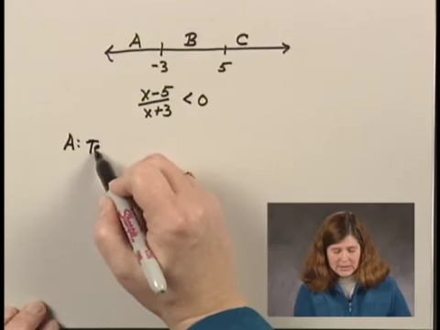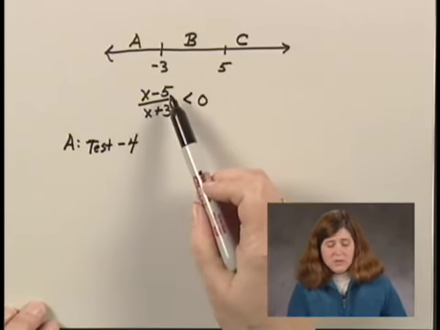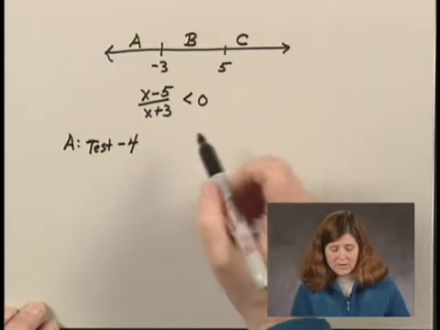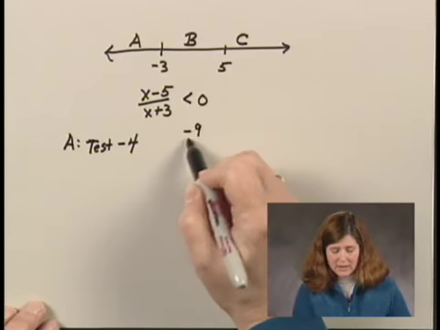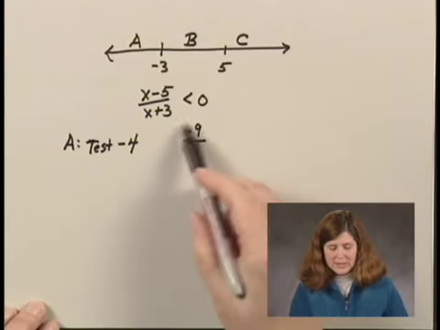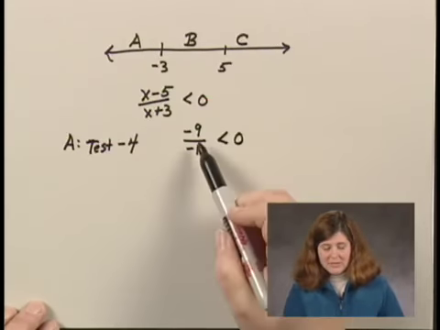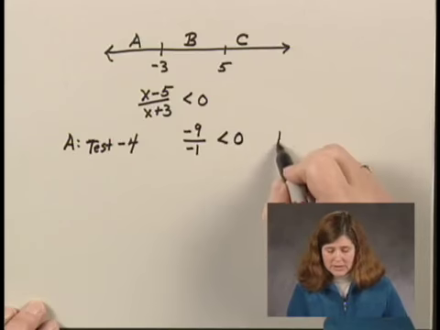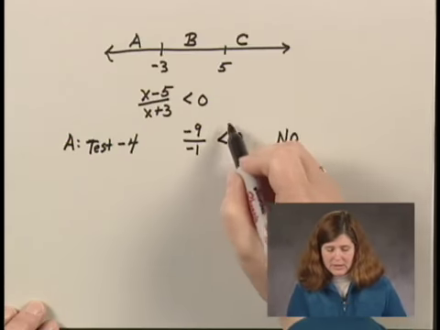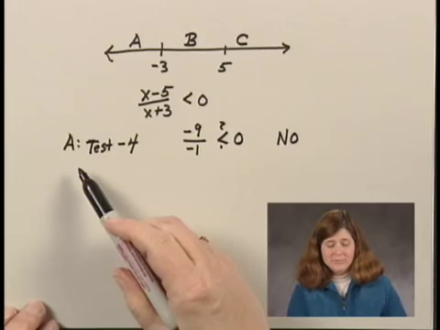So I'll test -4 by substituting in here. -4 - 5 is -9. -4 + 3 is -1. My question is, is this less than 0? Well, I'm asking myself, is 9 less than 0? Well, no, it's not. So interval A will not be part of the solution set.